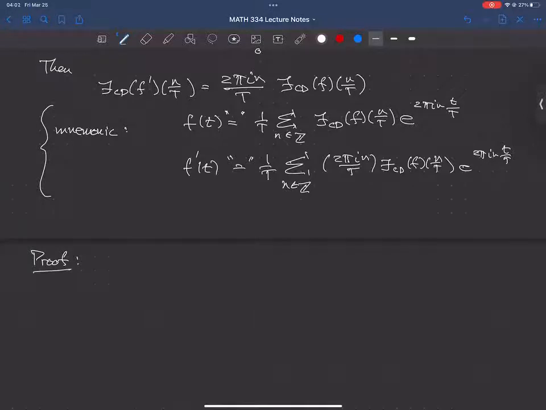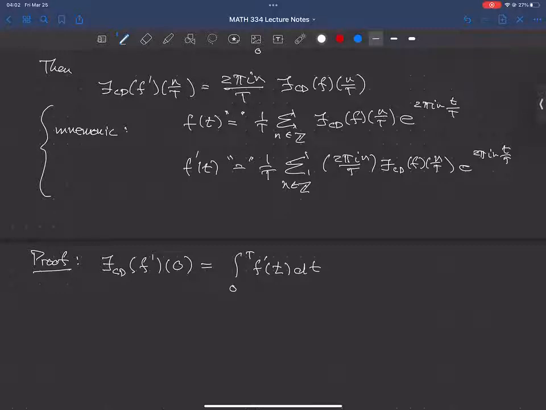Okay, so first, let's look at the n equals 0 case. So the CDFT of f prime at 0. By definition, this is the integral from 0 to T of f prime of t dt, because the e to the 2 pi i n t over T is 1.